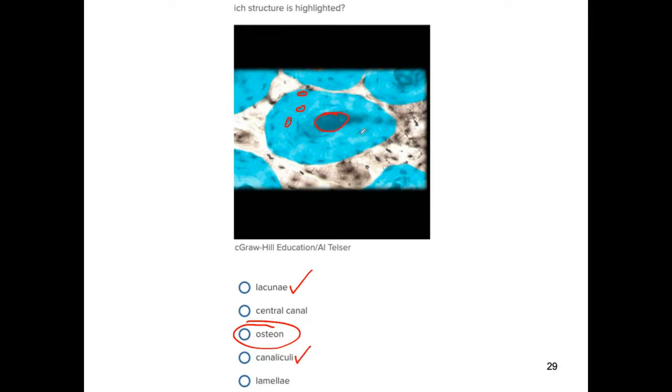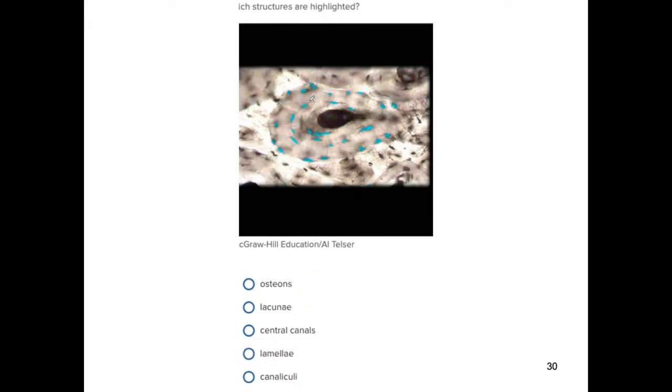Canaliculi, it's a little bit tough to see, but off of the lacunae are going to be these little jellyfish-like or spider-like extensions that come off of them. Those are called canaliculi. Okay, those are called canaliculi. And lamellae, those are these concentric rings going all the way around it. Those are concentric lamellae.